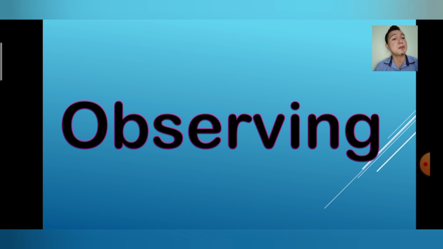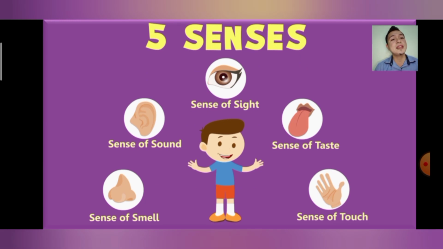So, observing, remember? Observing. We use the 5 senses in one of the tools of the science process skills. Observing. You can observe using your eyes. You can observe using your ears by listening to sounds. You can observe using your nose by smelling.